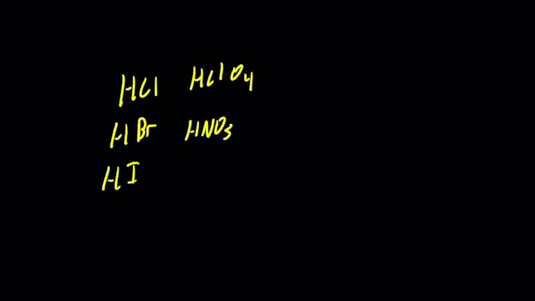When dealing with strong acids, there are 6 that you have to commit to memory. And out of the 6, can you point out which one of them is out of the ordinary? If you were to say that sulfuric acid contains one more proton than the rest, you'd be correct.